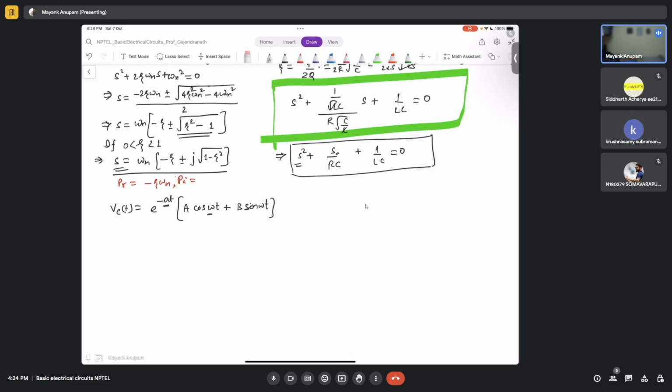So the mod of Pi is omega n times square root of 1 minus zeta square, right?